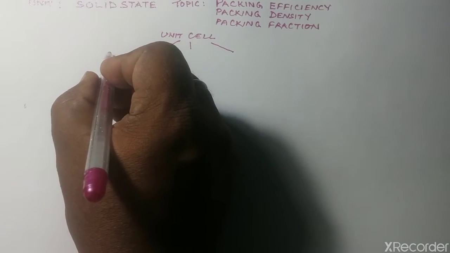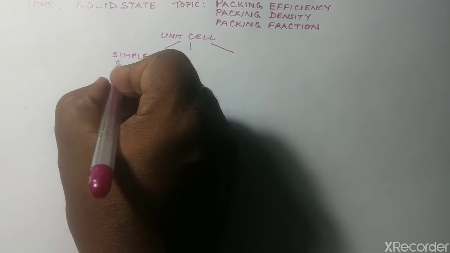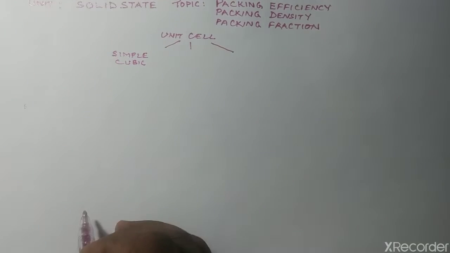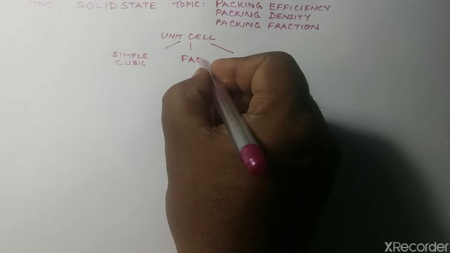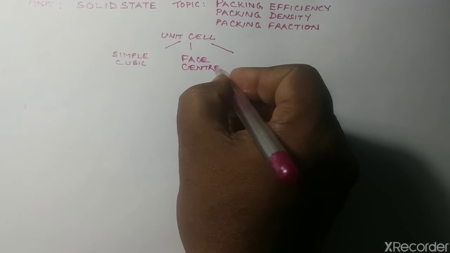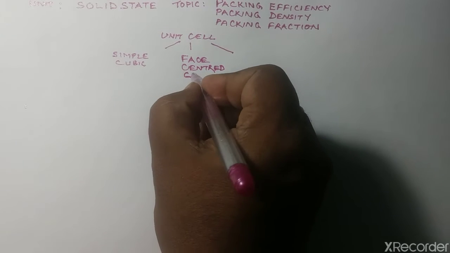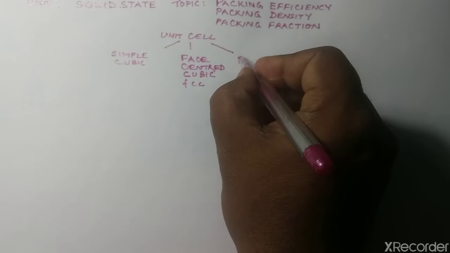The simplest among them was simple cubic, face centered cubic, FCC, and body centered cubic.